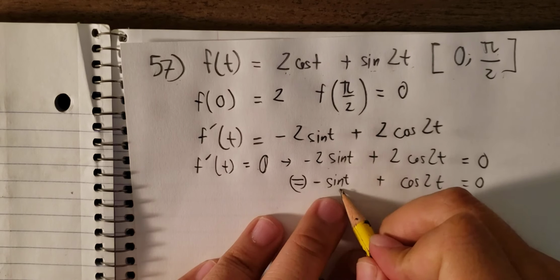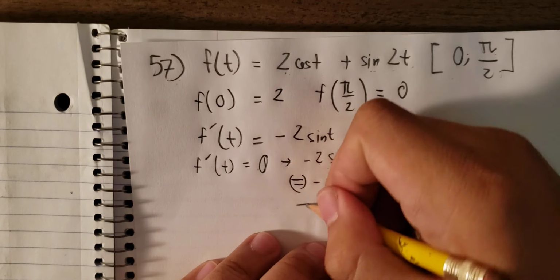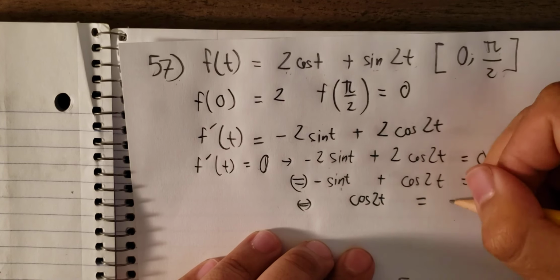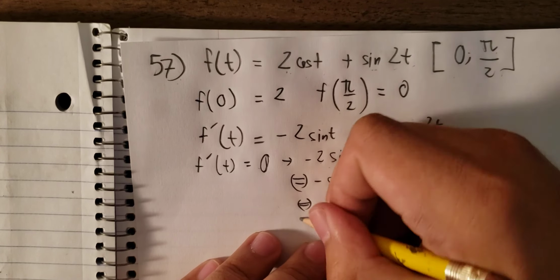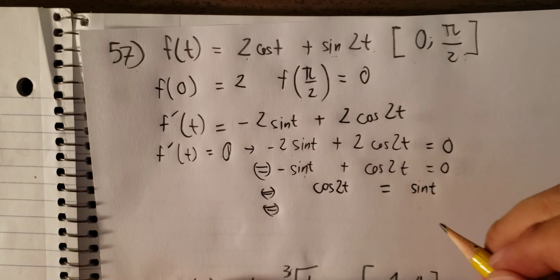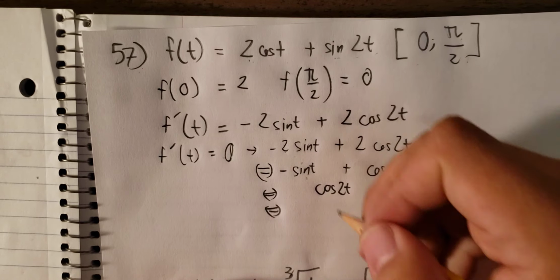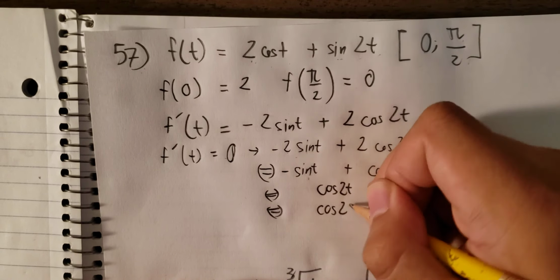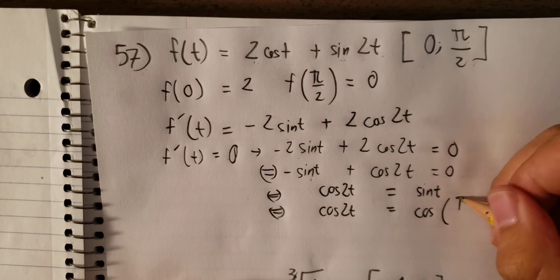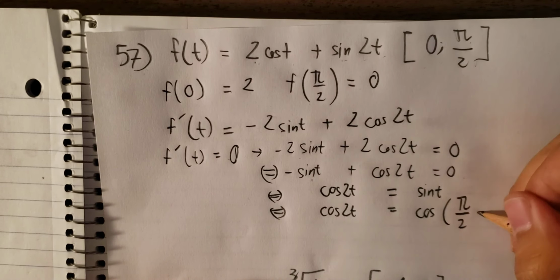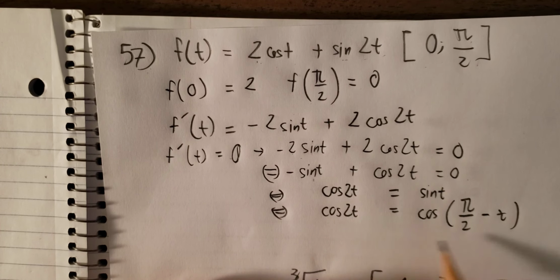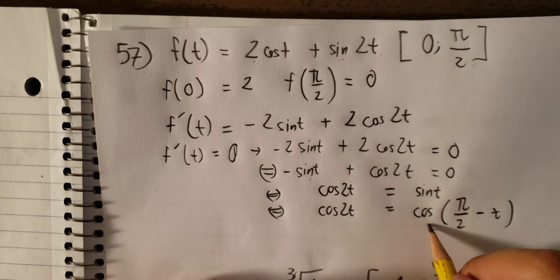Then you move the sine t to the right, and you get cosine 2t equal to sine t. So we use the complement identity. It means we write cosine 2t equal to cosine of pi over 2 minus t, transforming the sine into cosine.